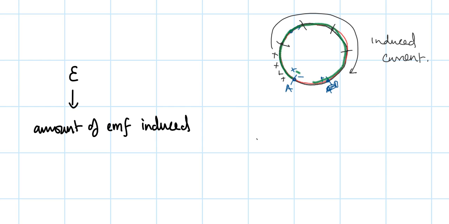Okay, so an EMF is induced at every point on the coil that drives the charges along the loop, along the path of the loop.